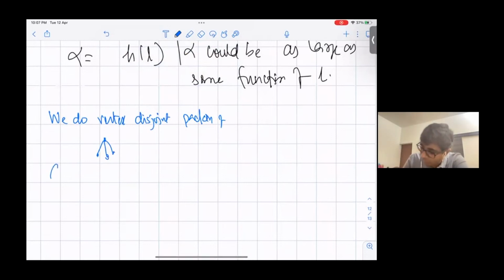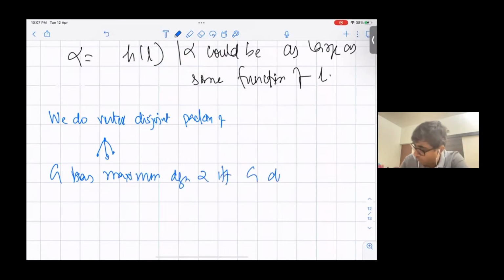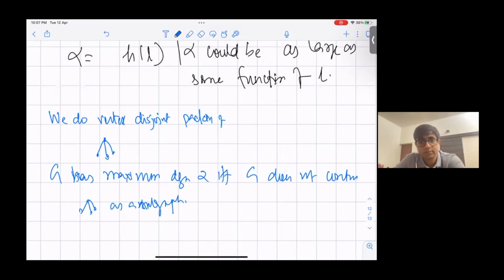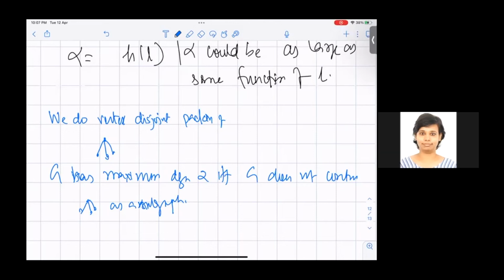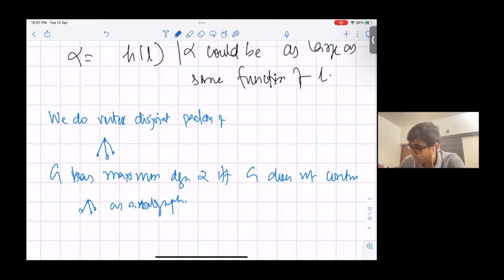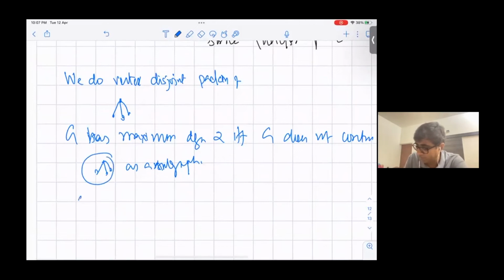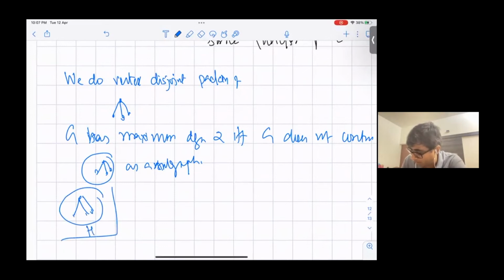Notice G has maximum degree 2 if and only if G does not contain this as a subgraph. Is that fine? Yes. So now find a set of vertices which contains this, and delete it from G. Suppose I caught a copy H1.